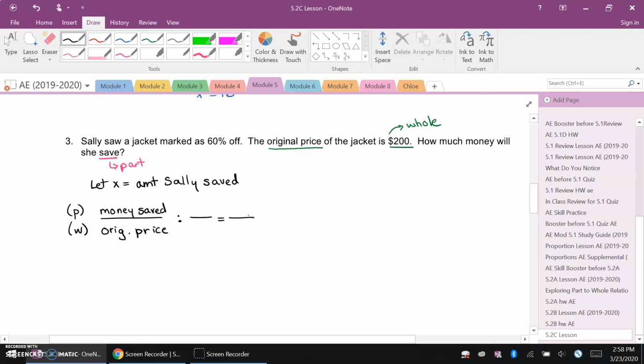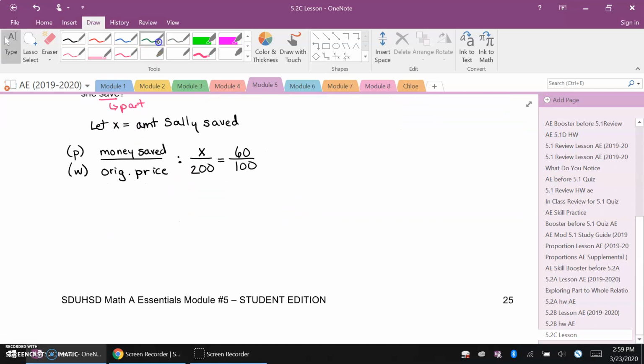So again, rereading it, it says Sally saw a jacket marked 60% off. So we have 60 out of 100. The original price is 200, and we said that that's the whole. And notice that the 200 lines up with the original price, and then we want to know how much money she saved. So using our cross multiplying, we have 100 times x equals 200 times 60.